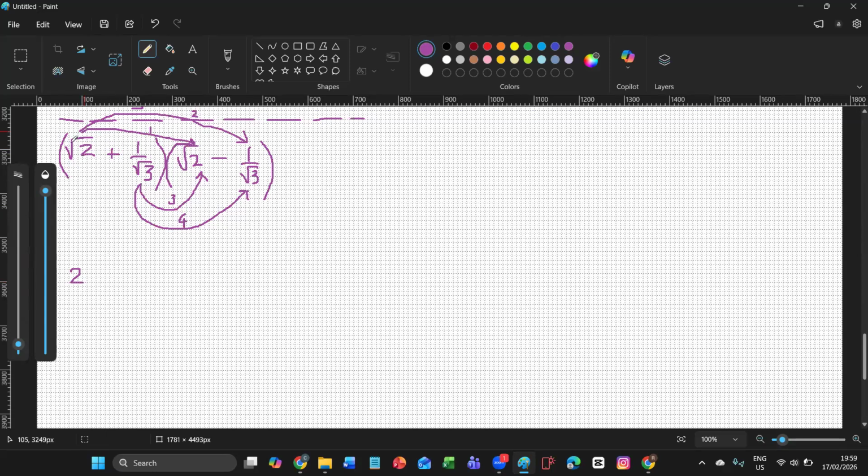Step 2 is sod 2 times 1 over sod 3. Take note of the sign. That will be minus what? Minus sod 2 over sod 3. Can you see that? Yes, sir. All right.